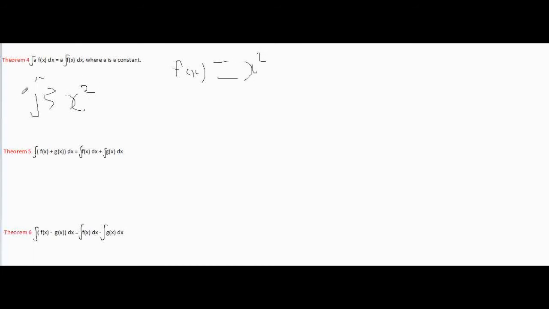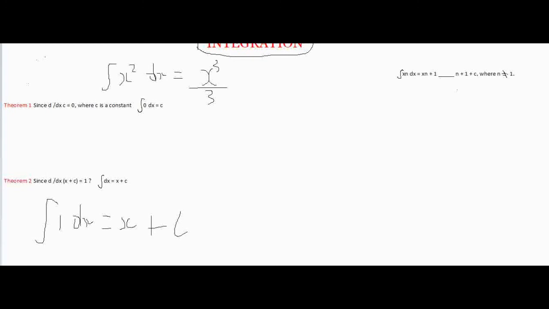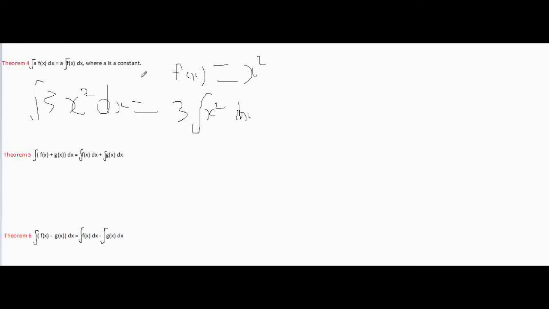And so this integral of 3x squared dx is going to be equal to 3 times the integral of x squared dx. So in other words, you can always pull out the coefficient of the function, because the formula I showed you earlier didn't involve the coefficient of the x squared term. This is a way you can get rid of that coefficient, by bringing it outside, and it makes it all easier.